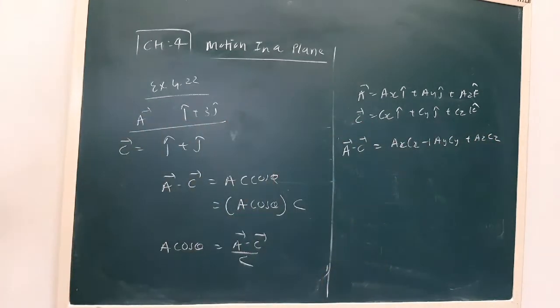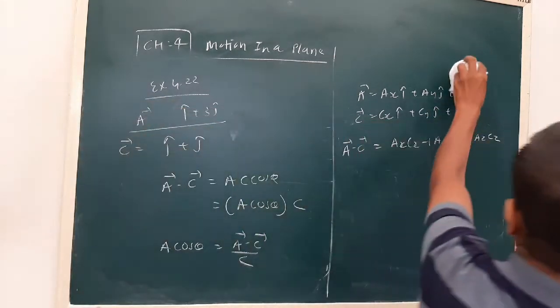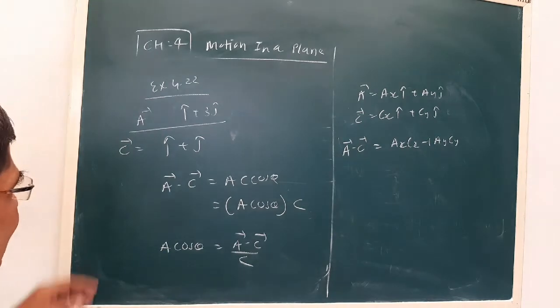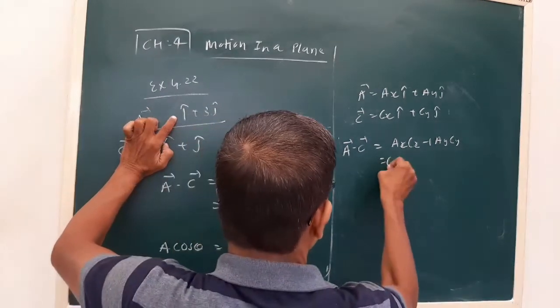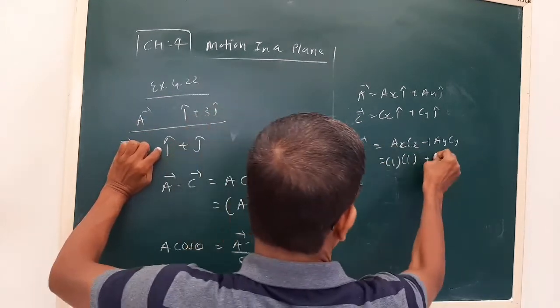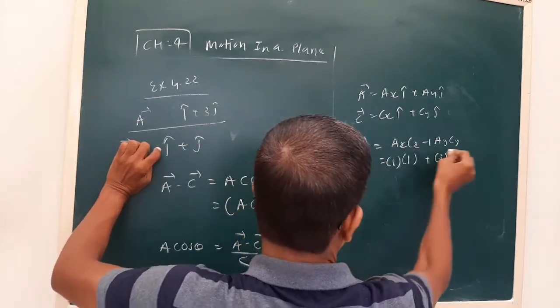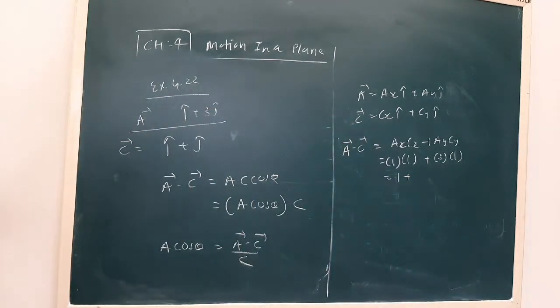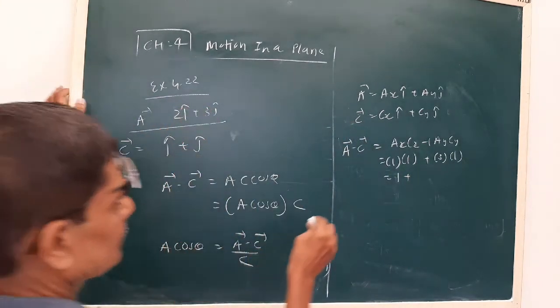Right now it is in 2 dimensions, so we should not worry. Now what is AX CX? AX is 1, CX is 1, and CY is 1. Now it is 2i plus 3j.